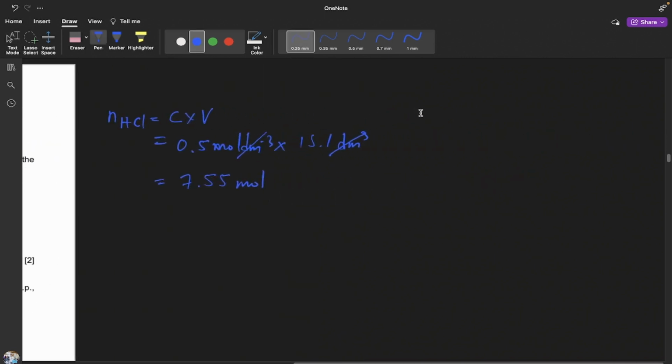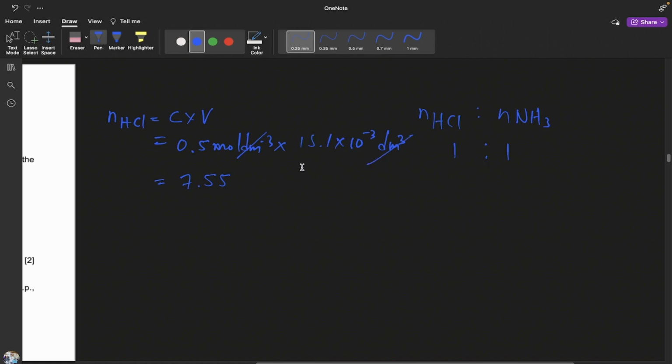You can compare the stoichiometric coefficients. n of HCl and n of ammonia are in 1:1 ratio. So there is an important thing we missed. Here this is given in centimeter cube. We have to convert it to decimeter cube. So 10 to the power of minus 3 is required.